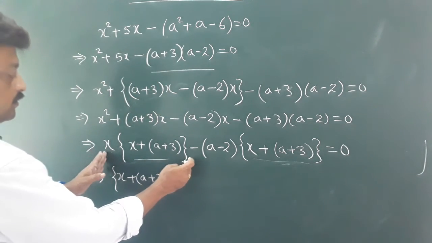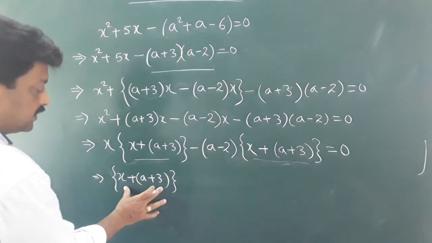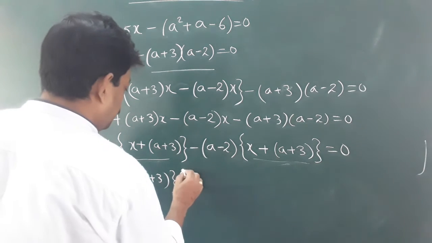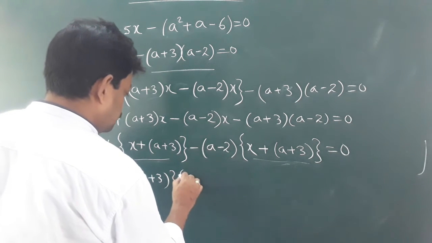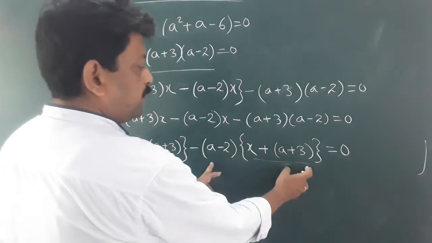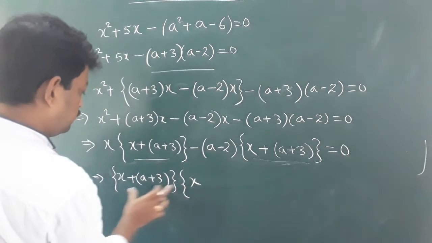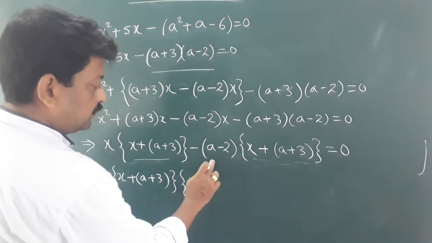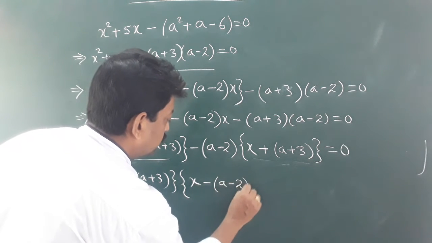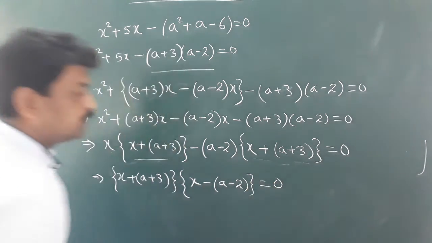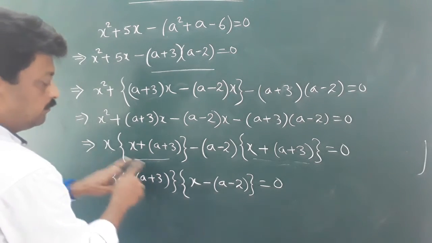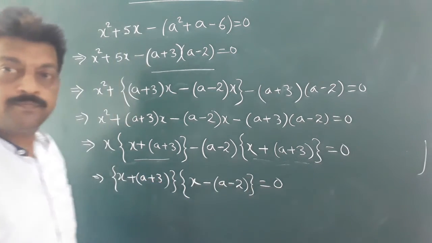From the first part x plus a plus 3 is taken common, so what will be left? X. From the second part, this has been taken common. So what will be left here? This one, minus a minus 2 in the bracket equals to 0. Just check it. This bracket part was taken common. So here x will come and here minus a minus 2 will come.